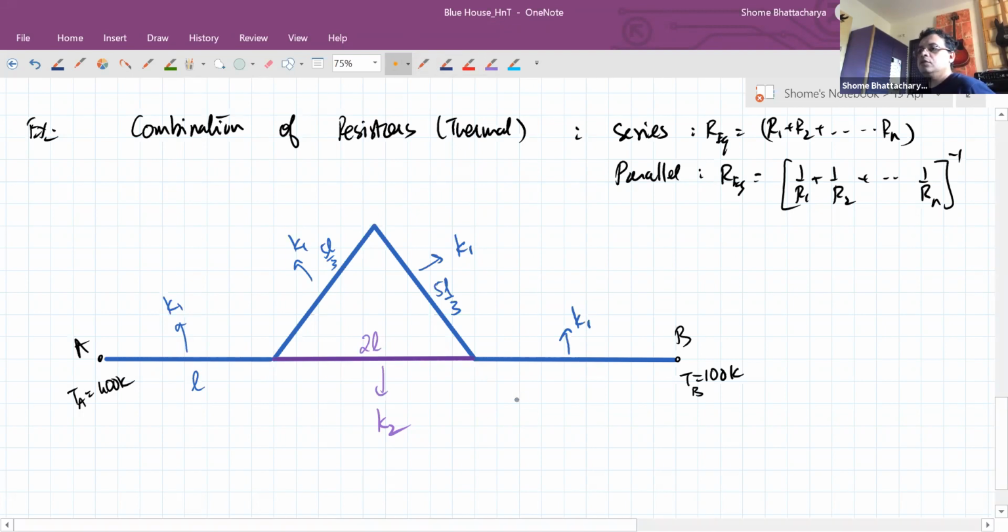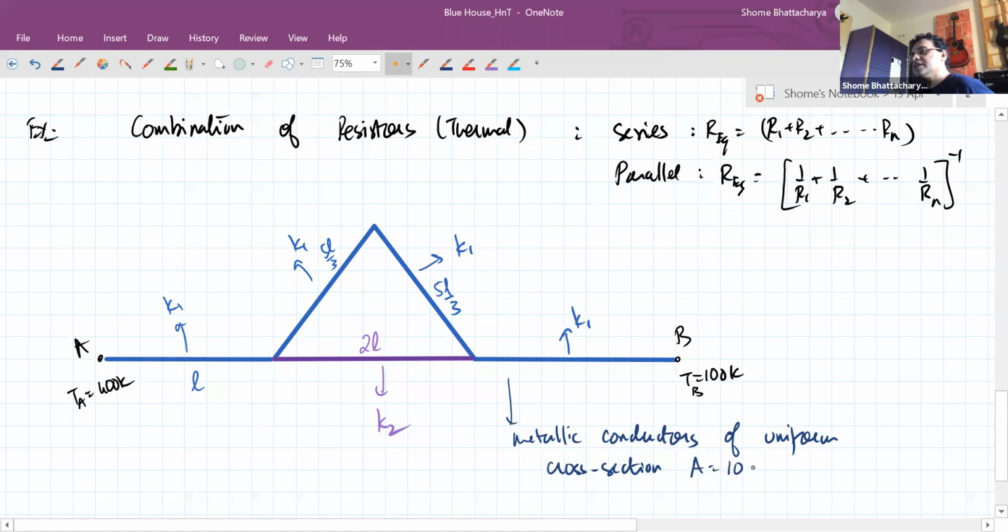Anyway, so these are all metallic conductors, okay, of uniform cross section. All of them have the same cross section. That is all 5 of them. So that area of cross section is 10 centimeters square. Okay.